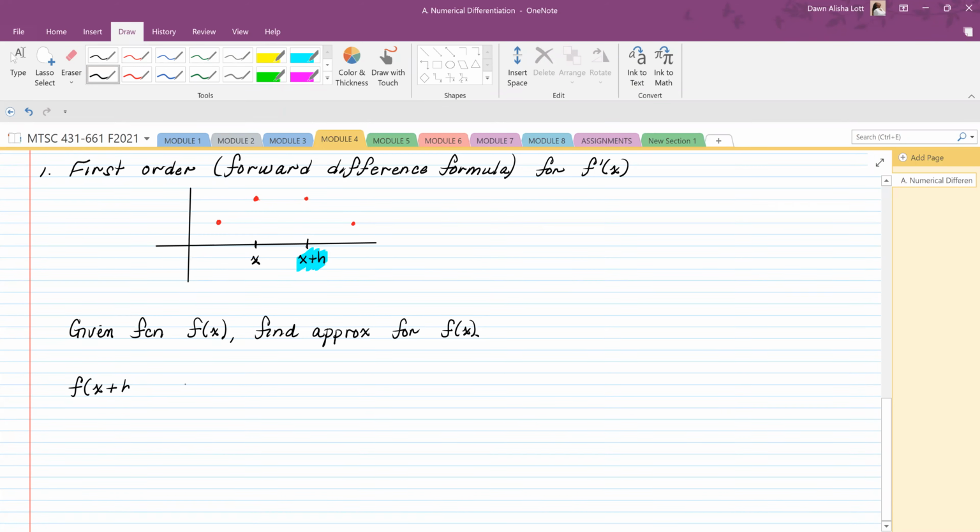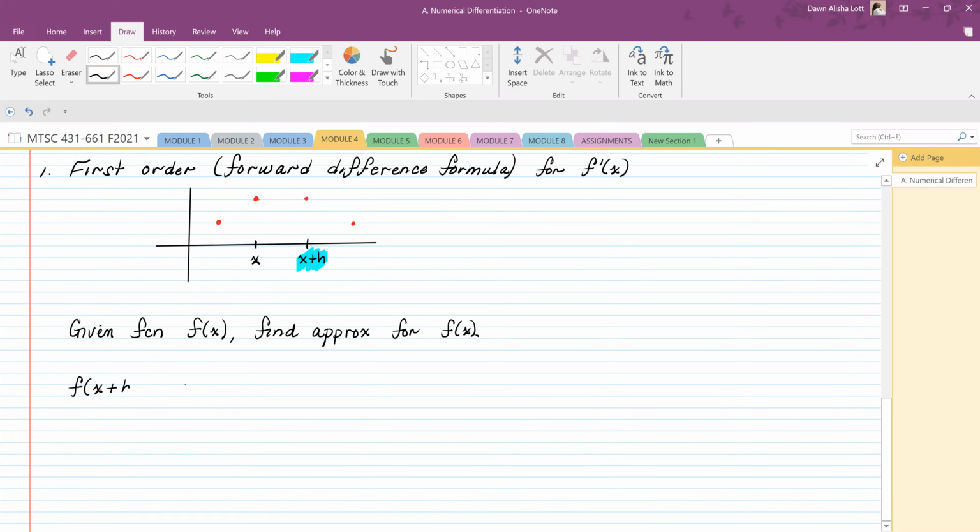So now we're going to try to figure out what this derivative is, f prime at 1.8. All right, so say we let h be 0.1.